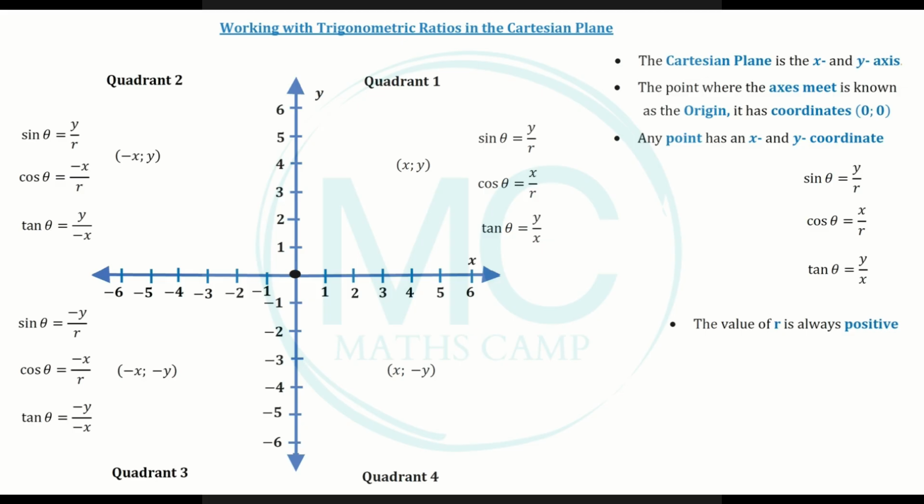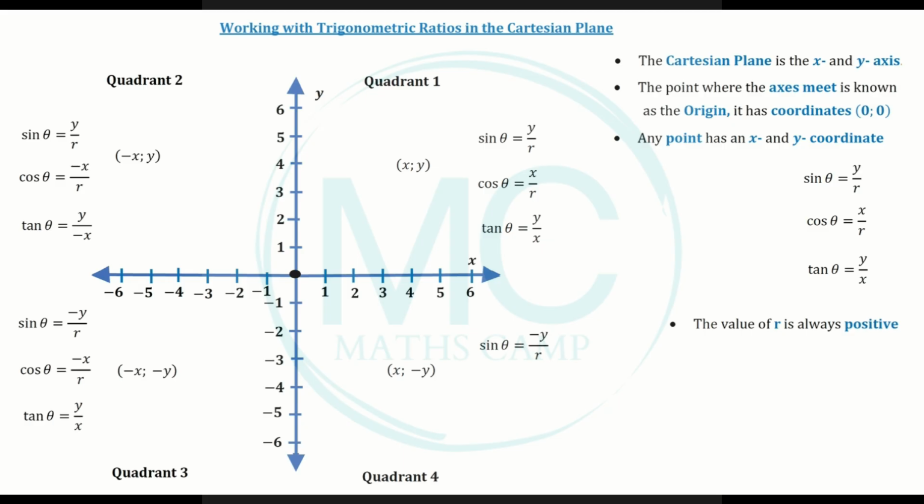Tan theta is equal to negative y over negative x. The negatives cancel out, and we see that tan theta is equal to y over x. From this, we can see that in quadrant 3, sine theta and cos theta are negative, but only tan is positive.